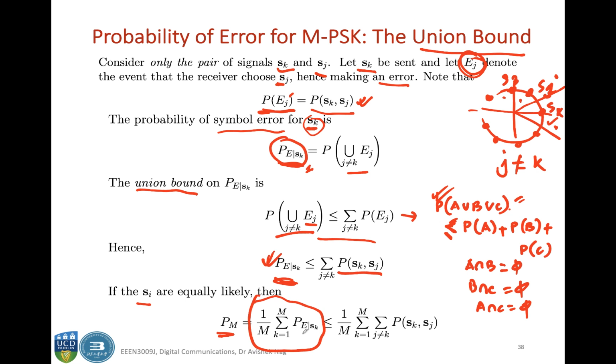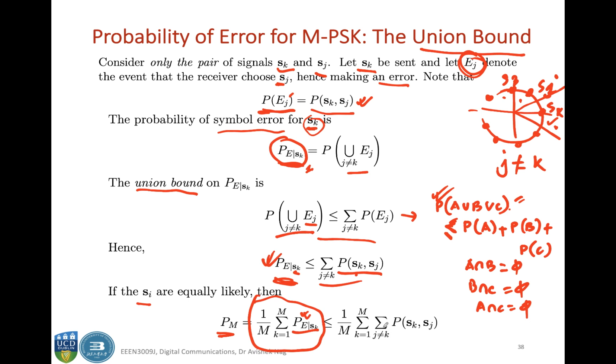The probability of symbol error for one signal Sk is this. If you average over all k's, where you have all the M signals, then you have 1 over M, sum over k equals 1 to M, of all these probabilities, and these probabilities have this bound here.